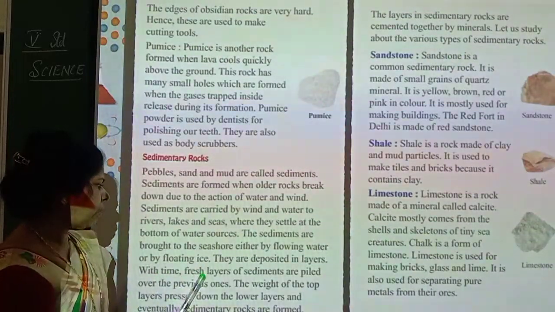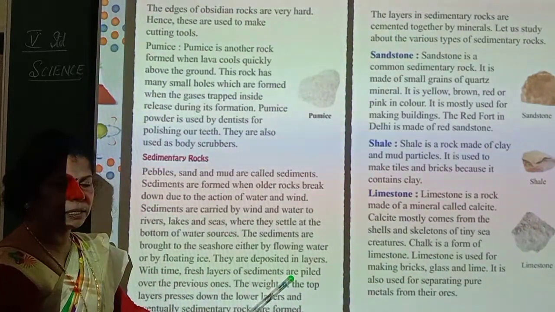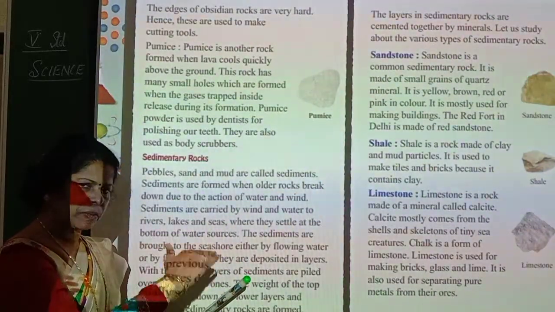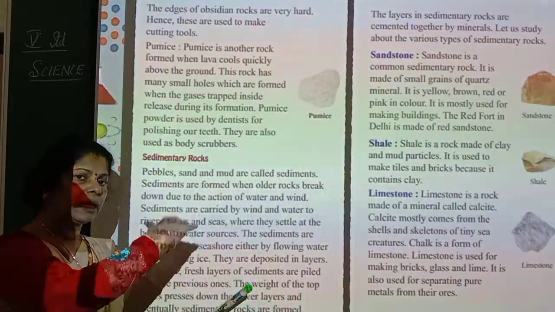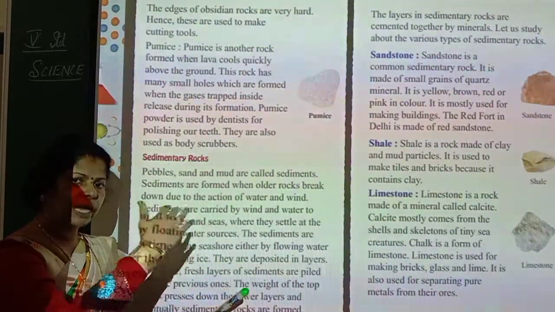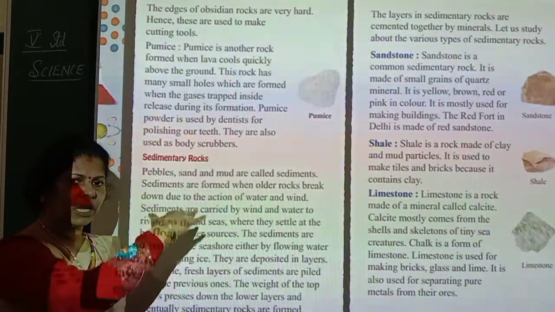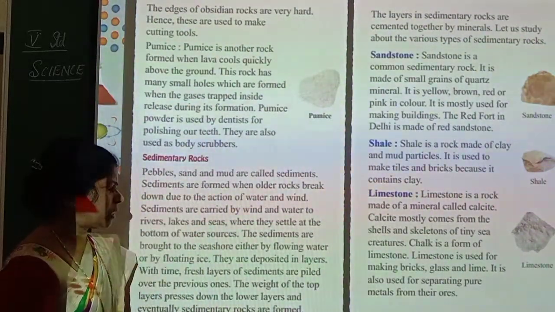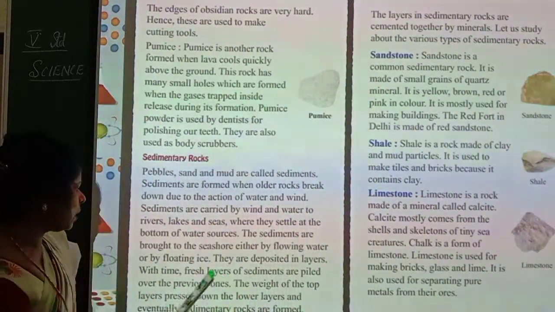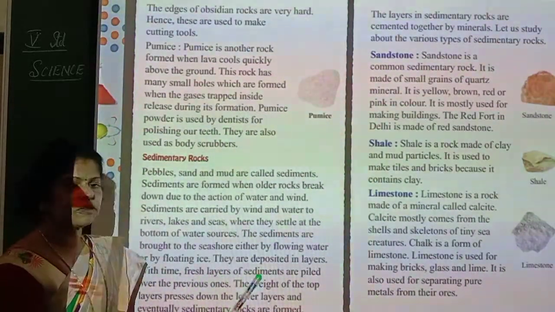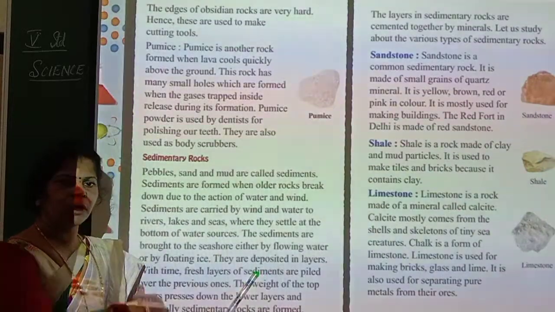With time, fresh layers of sediments are piled. The bottom layers will be old ones, and a new layer will come and deposit on the old layer. Then that becomes old, a new layer comes and deposits on that, and again that becomes older. Like that it goes on depositing. So old ones go, new ones come.